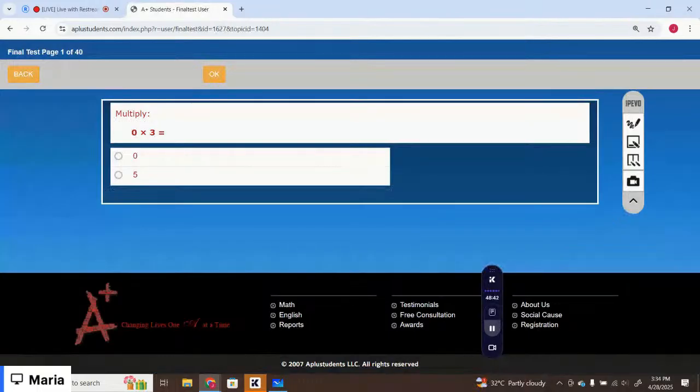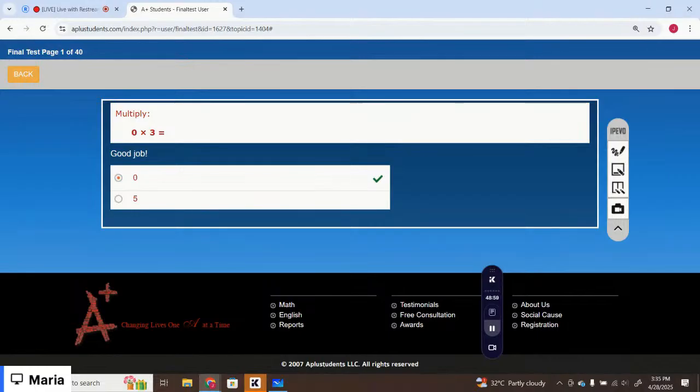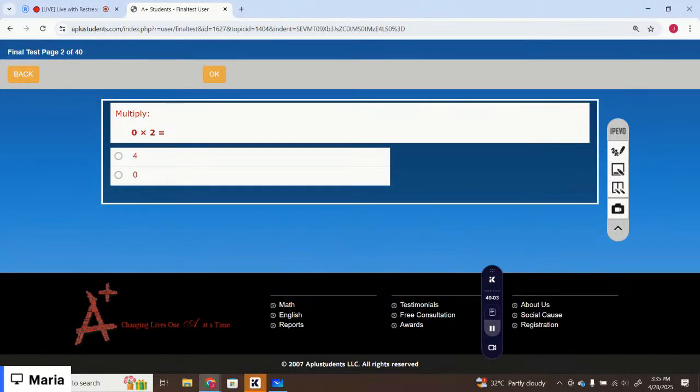0 times 3 is 0. Option number 1 is the correct option. 0 times 0 is also 0. Option number 2 is the correct option.